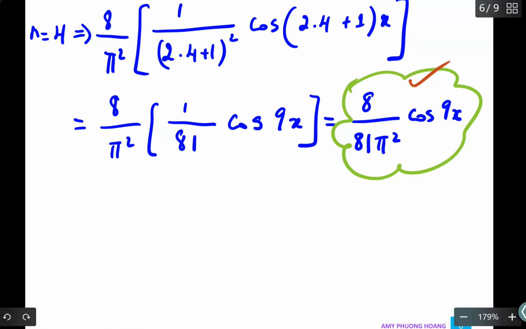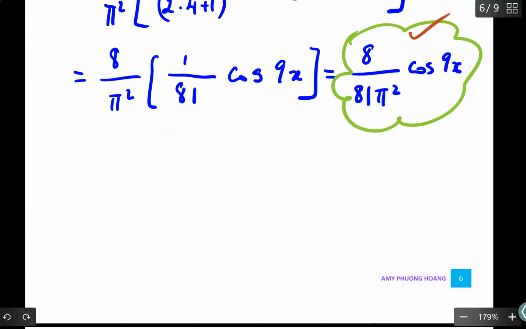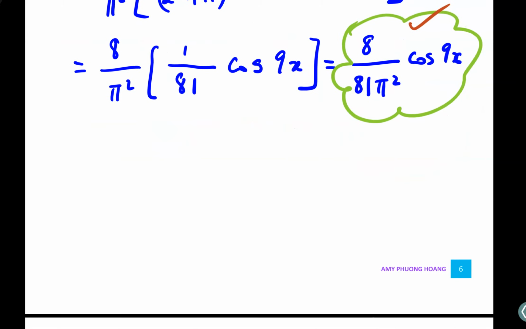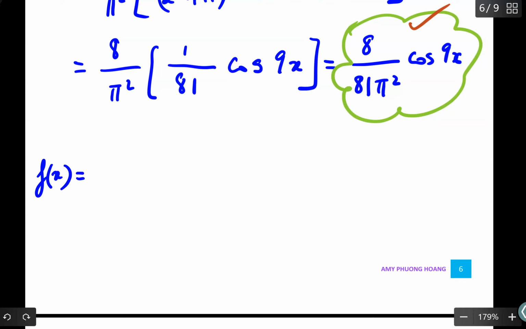So the question asks us to write the expansion of f(x), so I will write f(x) equals a over pi square times cos of 1x.